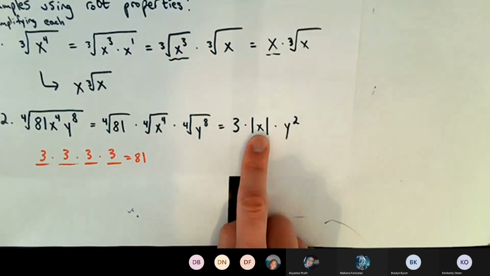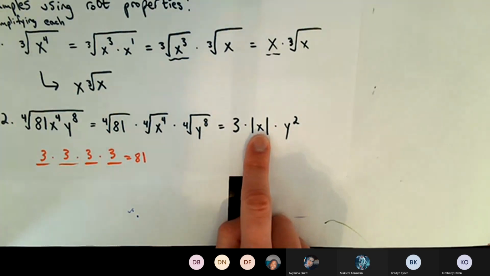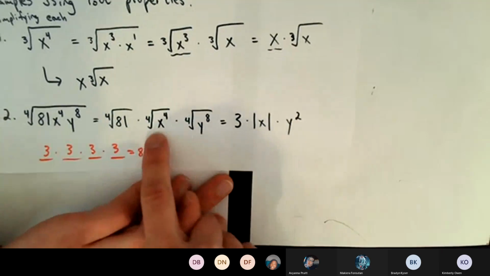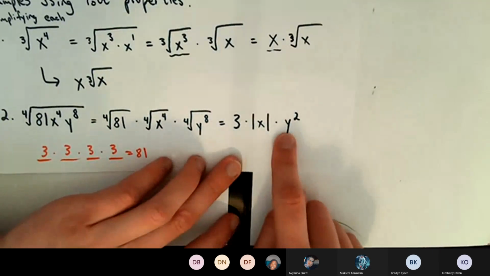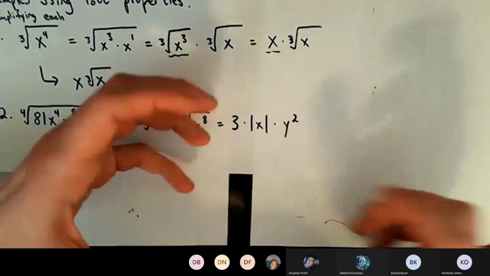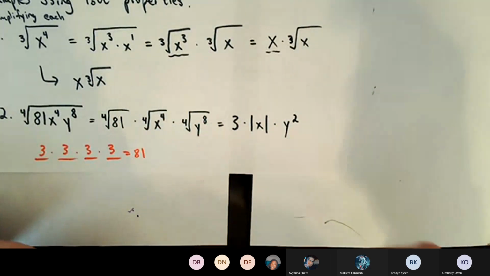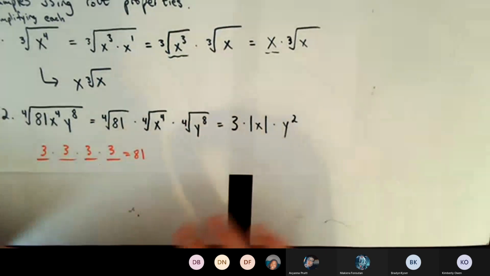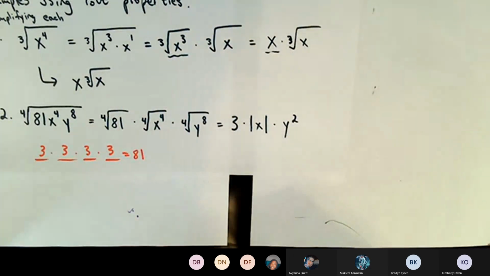So here I need absolute values because what if x is like, I don't know, -5, right? So I need absolute values to make sure I'm not outputting a negative from my fourth root. Here, if y is -5, it doesn't matter because that even exponent is going to absorb the negative. So even exponents outputted from a root like this are okay. They don't need absolute values.